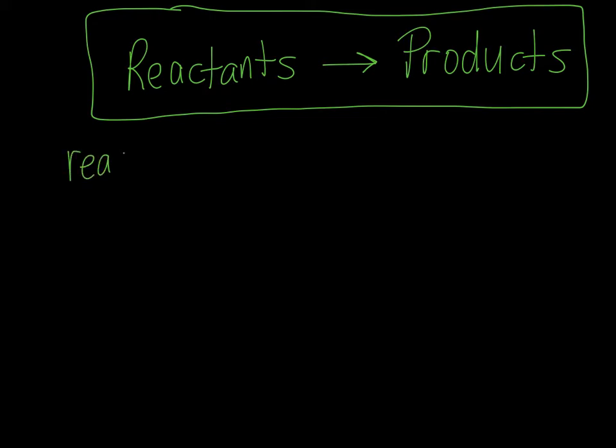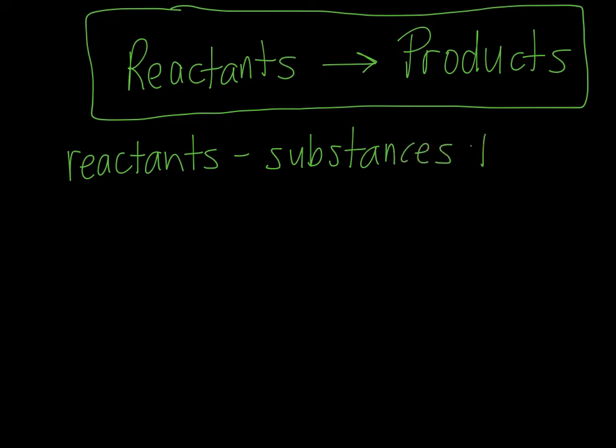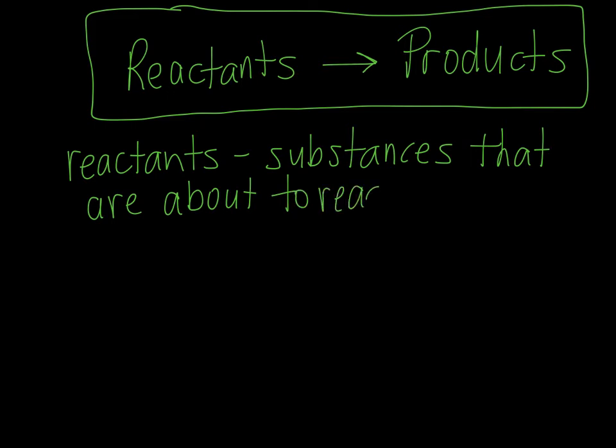You might be able to guess that the reactants are the substances that are about to react. And we'll put in parentheses, this is what you start with. These are your starting materials or your ingredients.